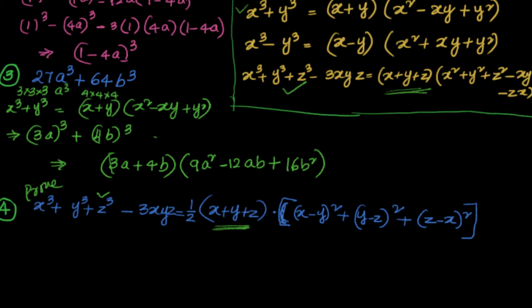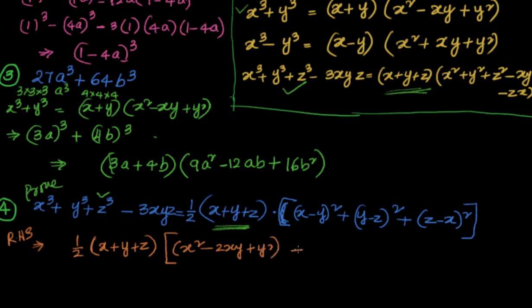What we will do now is take the RHS and try to simplify it. So I have half into x plus y plus z. I will simplify the next term. The first one is x minus y whole square, so I will say x square minus 2xy plus y square.